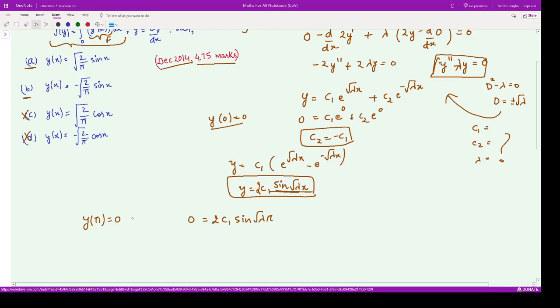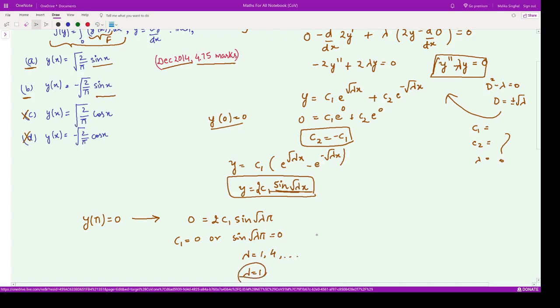So on applying this boundary condition we obtain this: either c1 is 0 or sine of square root of lambda pi is equivalent to 0. Obviously from here you have lambda is equal to 1 or 4 or so on, but from here you can see that our lambda is 1, so lambda is fixed.